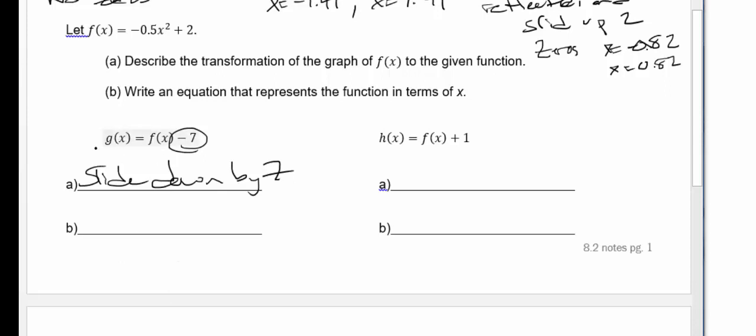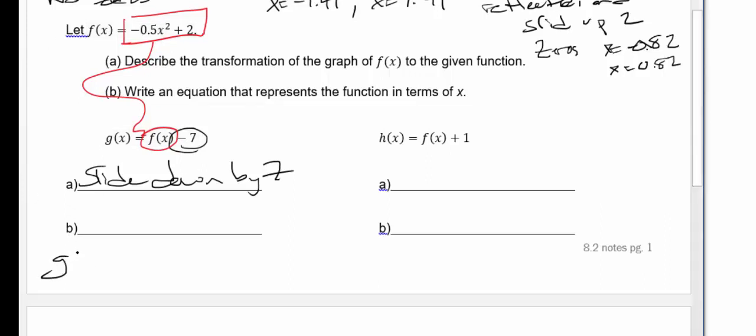How do I come up with what this is going to be? Well, you can really think of this as substitution. We've substituted things before. f is this rule. So maybe I take f out and put this in its place, and then I just take away 7 from it to get a new rule for g.